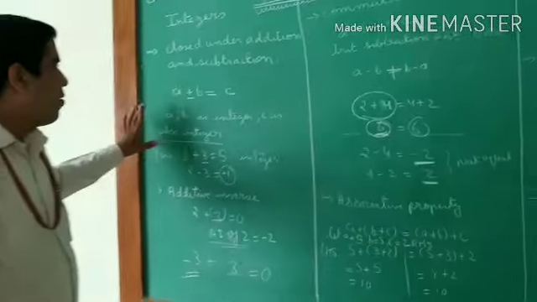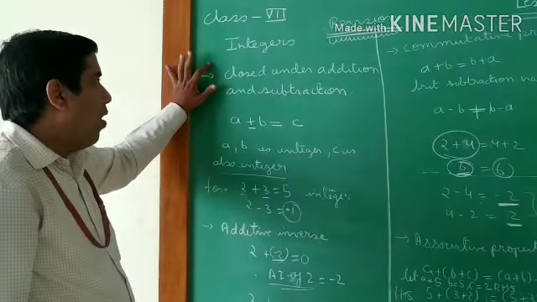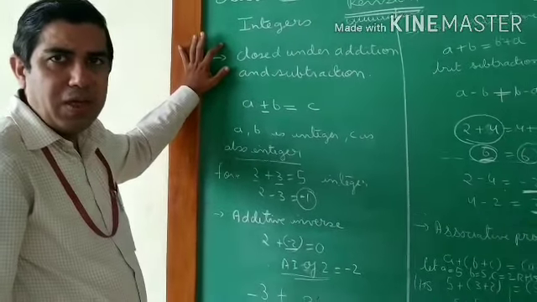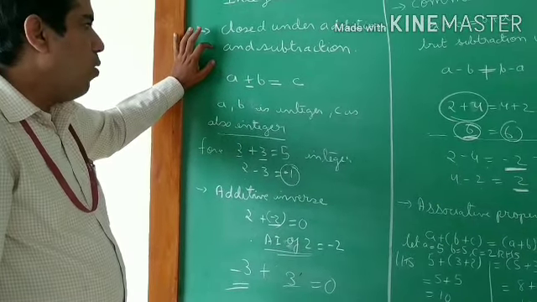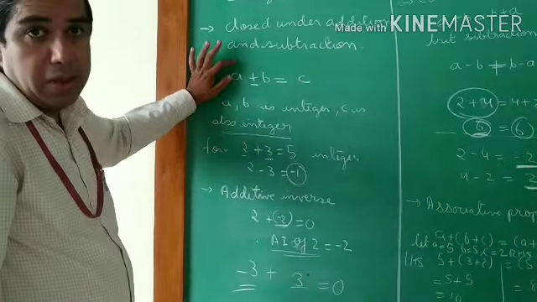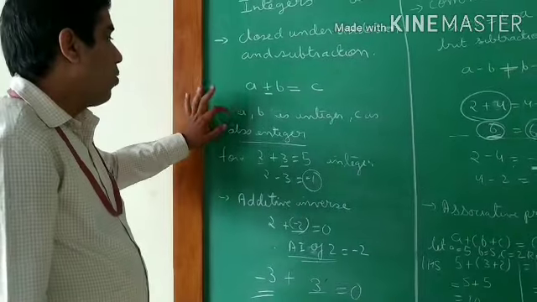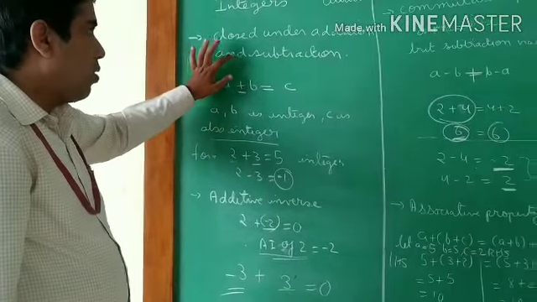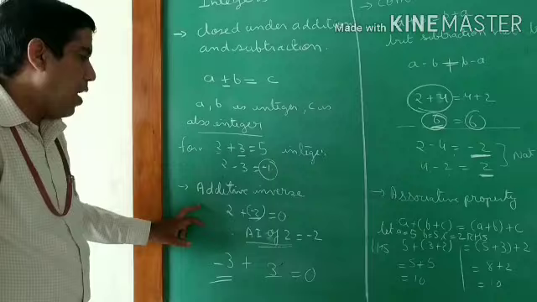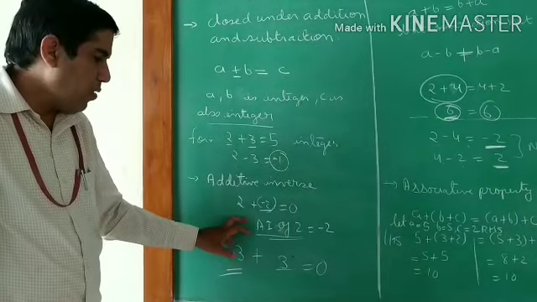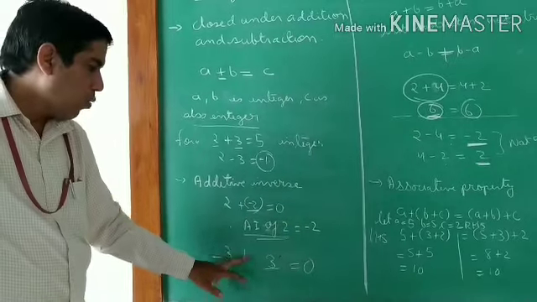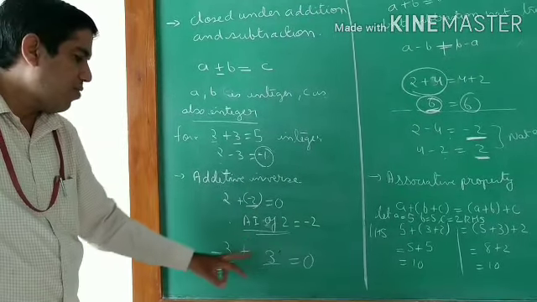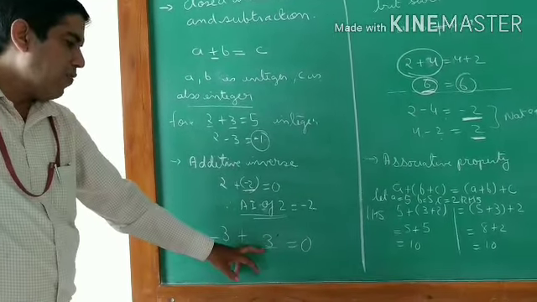Let us discuss all the properties of integers once again. It is closed under addition. Closed under subtraction? Yes, it is closed under subtraction also. So it is closed under both addition and subtraction. Additive inverse: we just put a negative sign and it becomes the additive inverse. So the additive inverse of 2 is minus 2, and the additive inverse of minus 3 is 3.